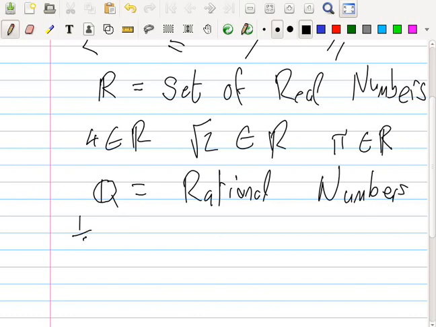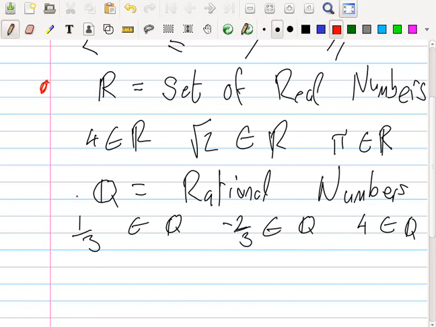So like 1 over 3 is a rational number, 2 over 3 or minus 2 over 3 is a rational number, 4, rational number. So all the fractions like this are rational numbers. So that's the first one. That's the next one.